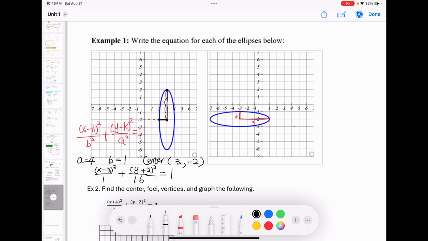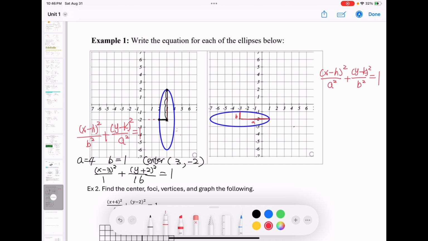I will put my formula here because in this graph the major axis is a horizontal line. So we are using the formula x minus h squared over something plus y minus k squared over something is equal to 1. Horizontally, for the major axis, we have a under the x, b under the y.